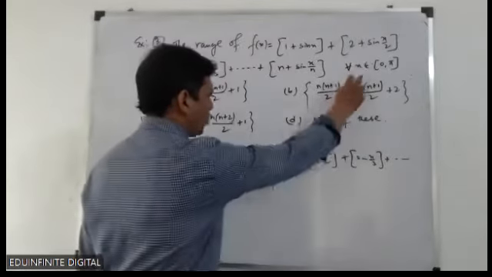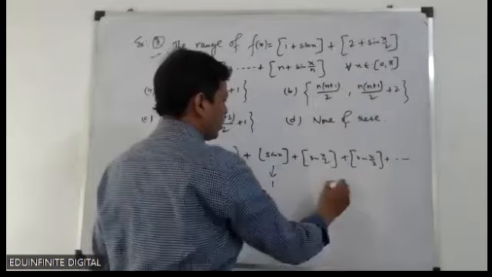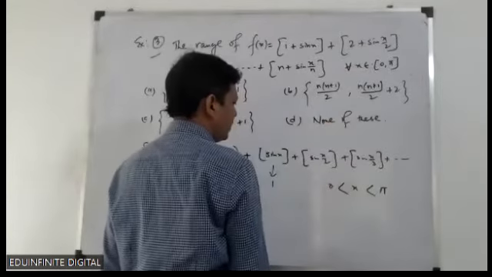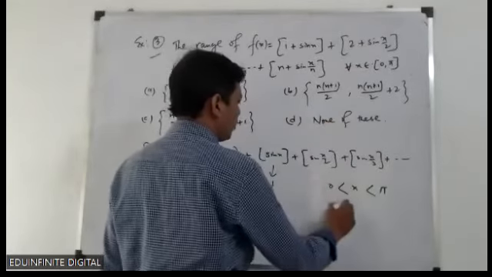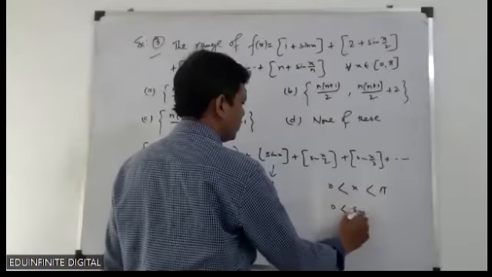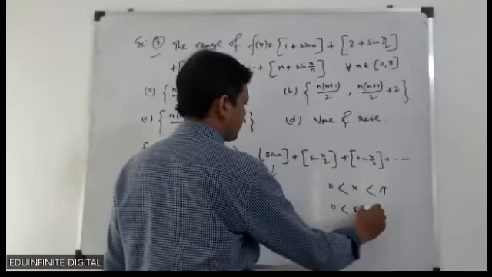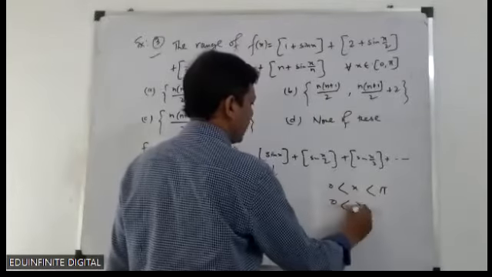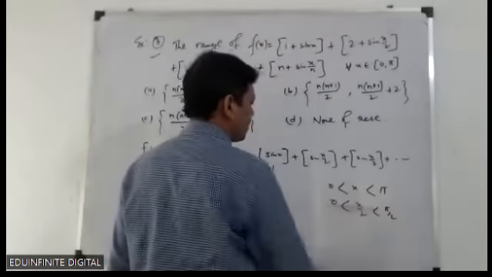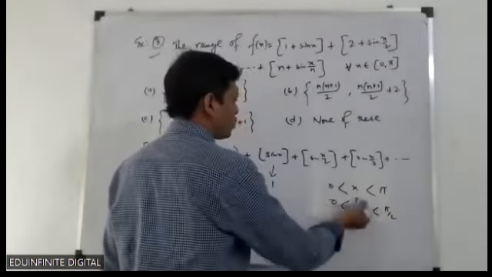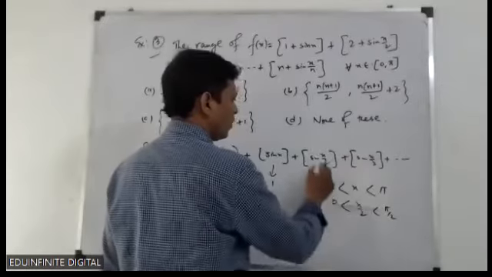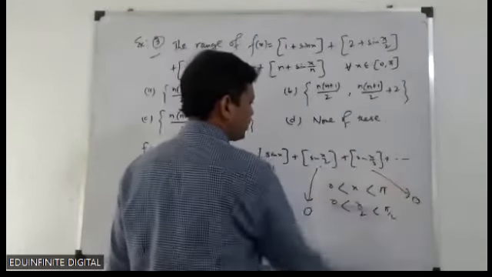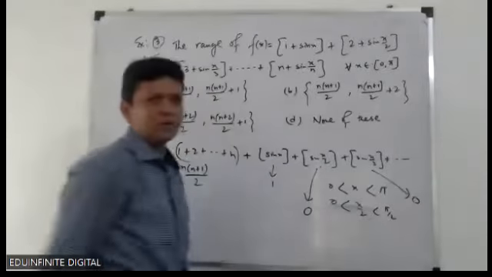All the others are 0, because if x belongs to 0 to pi, then sin x by 2 is less than sin pi by 2, so box sin x by 2 will be 0, box sin x by 3 will be 0, and all other values will be 0.